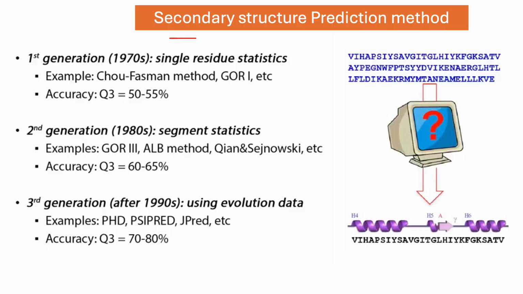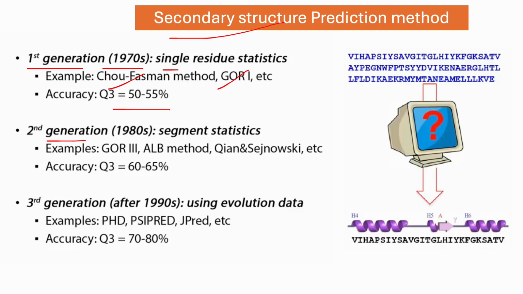Let's talk about secondary structure prediction methods. In the first generation, in the 1970s, single residue statistics were used, like the Chou-Fasman method, the GOR-1 method, etc., and the accuracy was 50 to 55%.